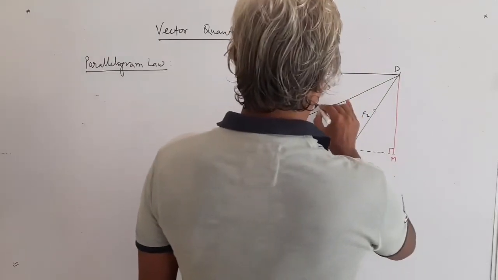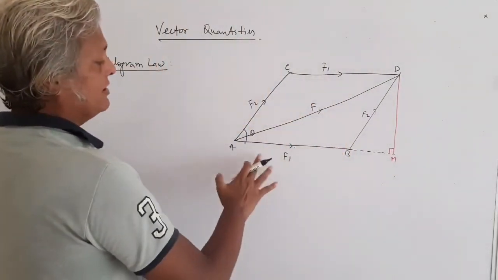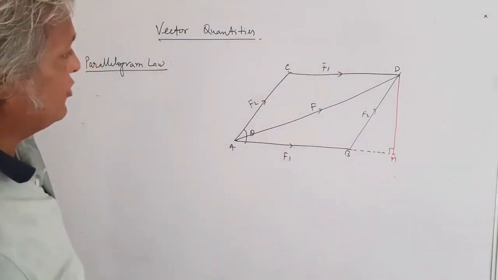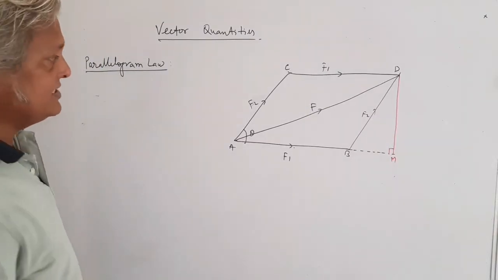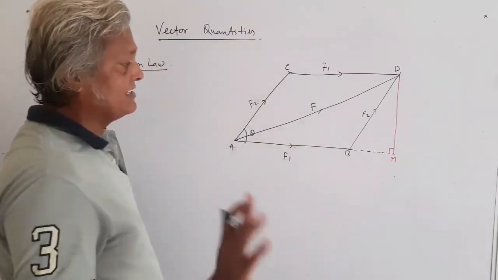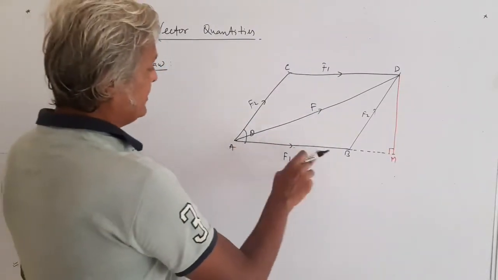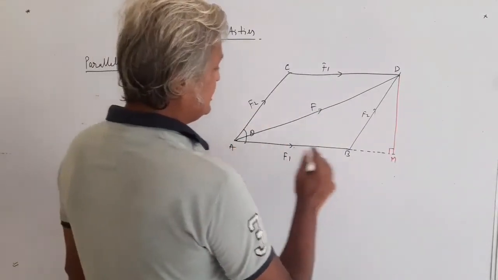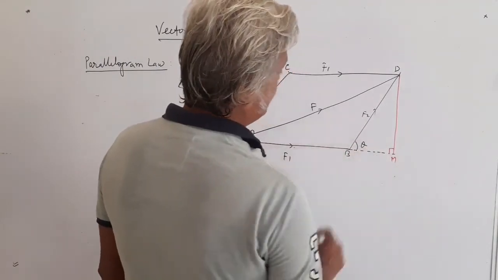Since I am taking these vectors F1 and F2 as forces, the resultant of F1 and F2 I can take as F, that is the single force. If the angle between F1 and F2 is theta, then this angle is also theta.